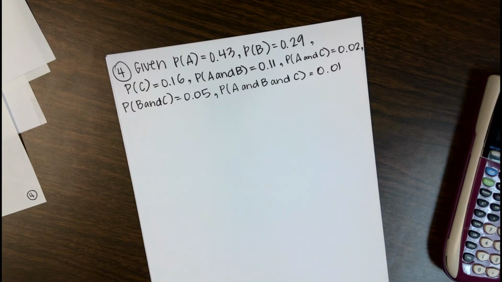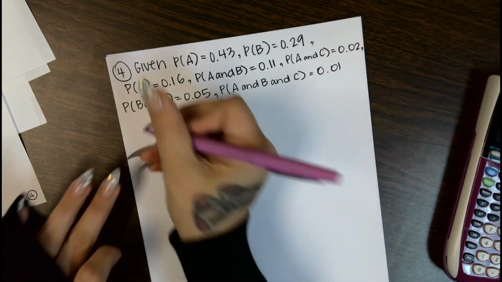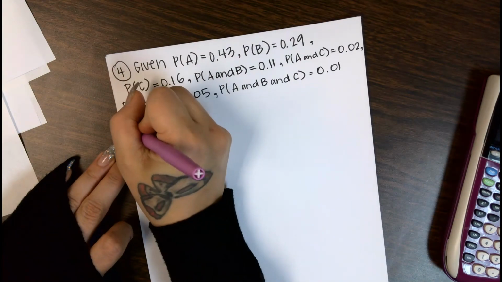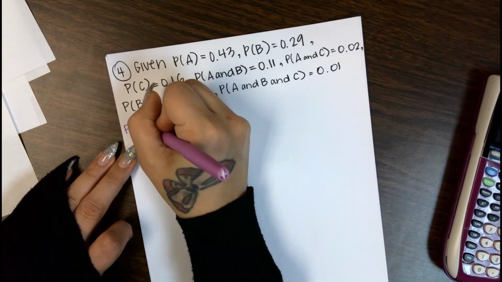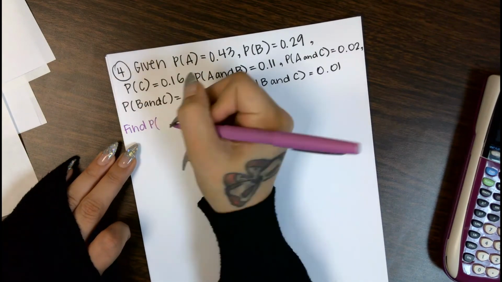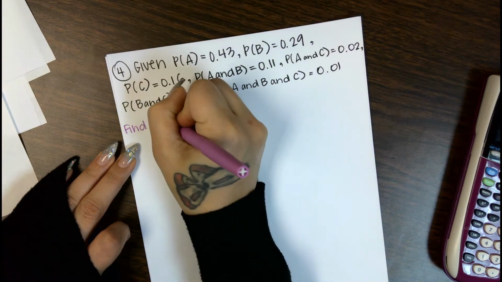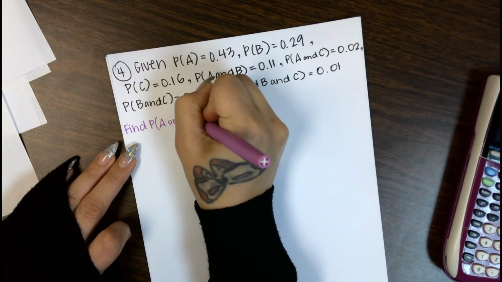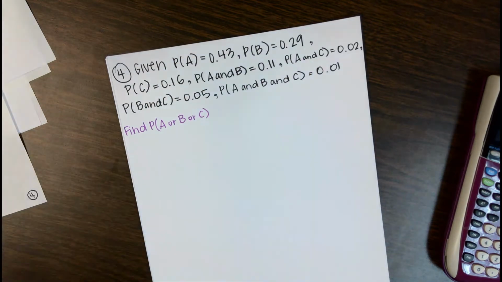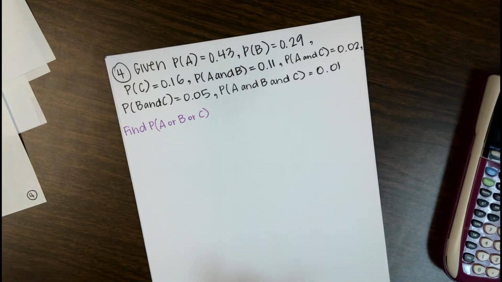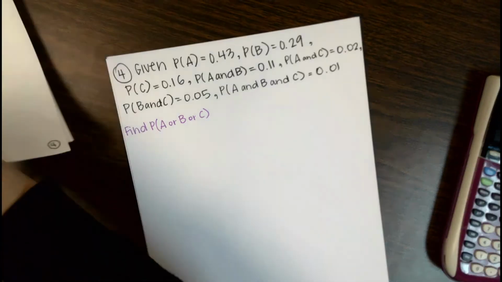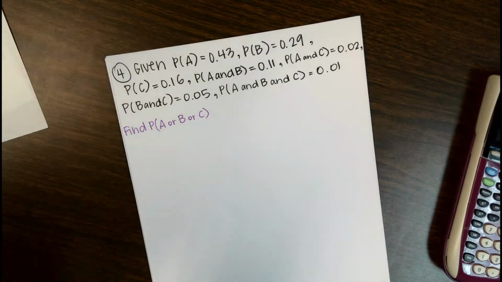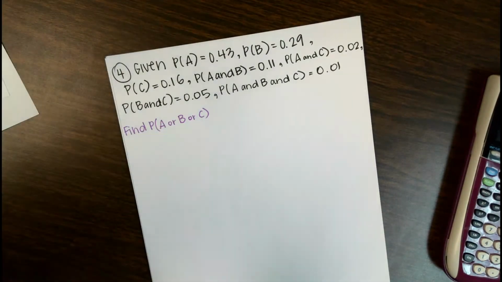Right, now it tells me what it wants me to find. And that's what we're going to find: the probability of A or B or C. Kind of just recall something so it makes sense.